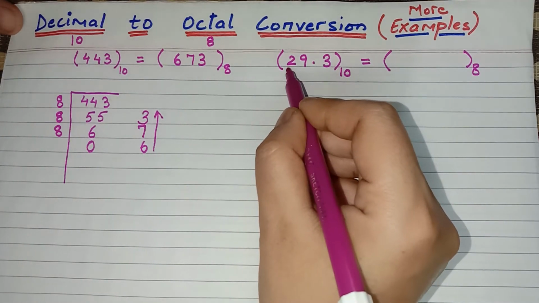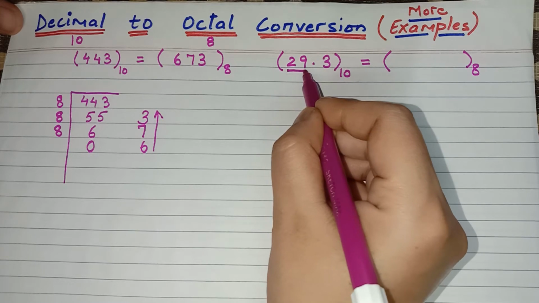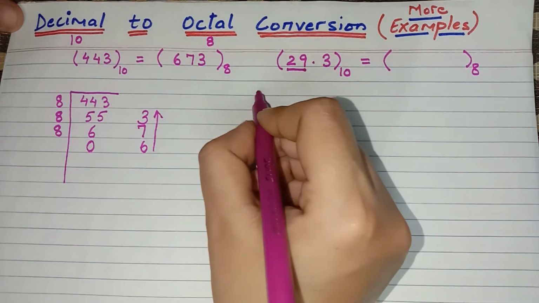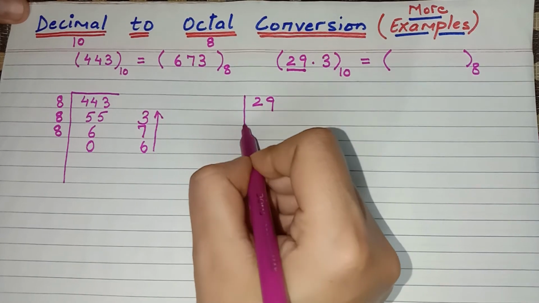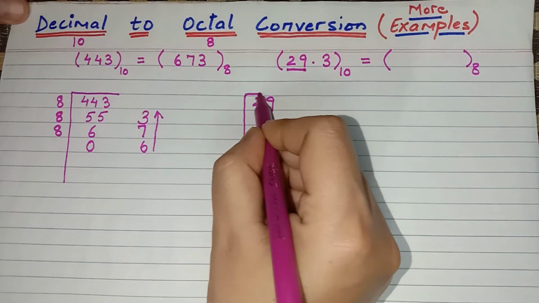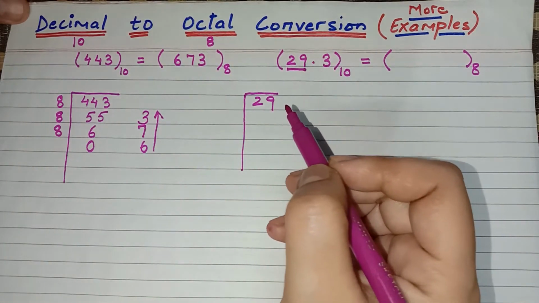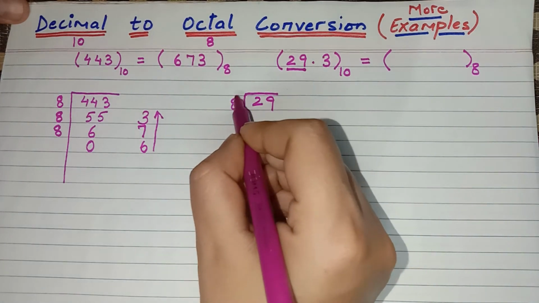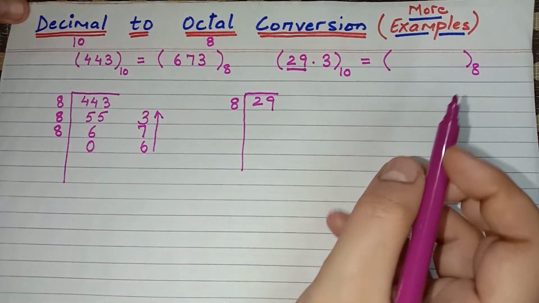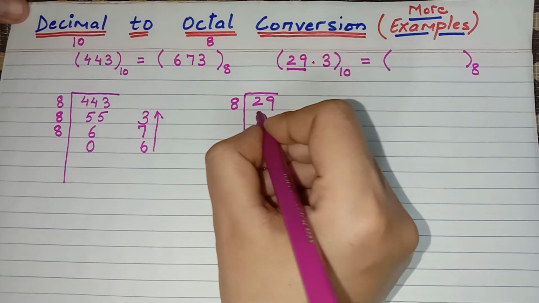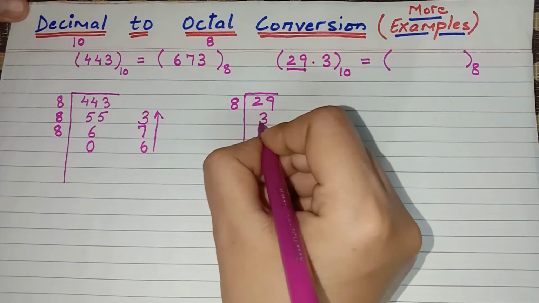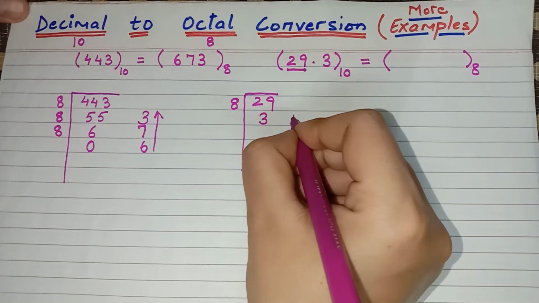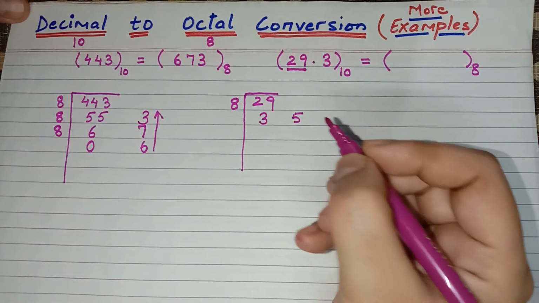First, in the first step, we will be taking this integer part only, that is 29, and will be doing the successive division using a base 8. So here we will be getting 3. 8 3s are 24. Remainder is 5.